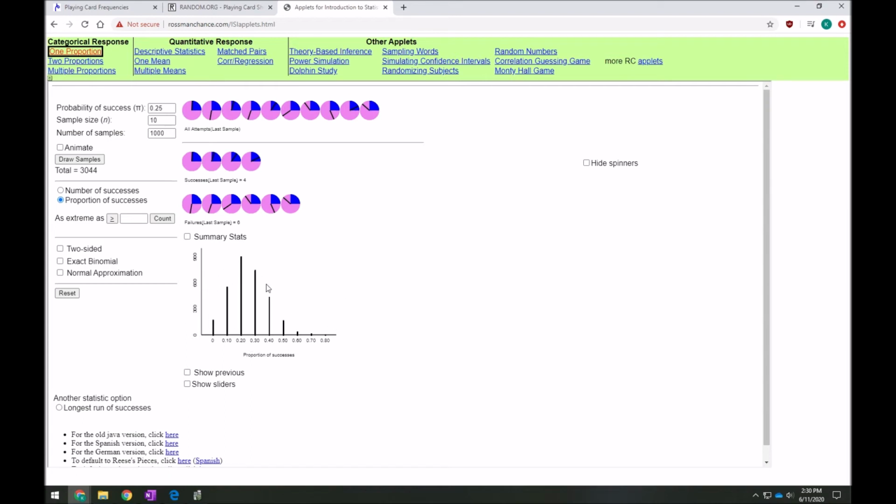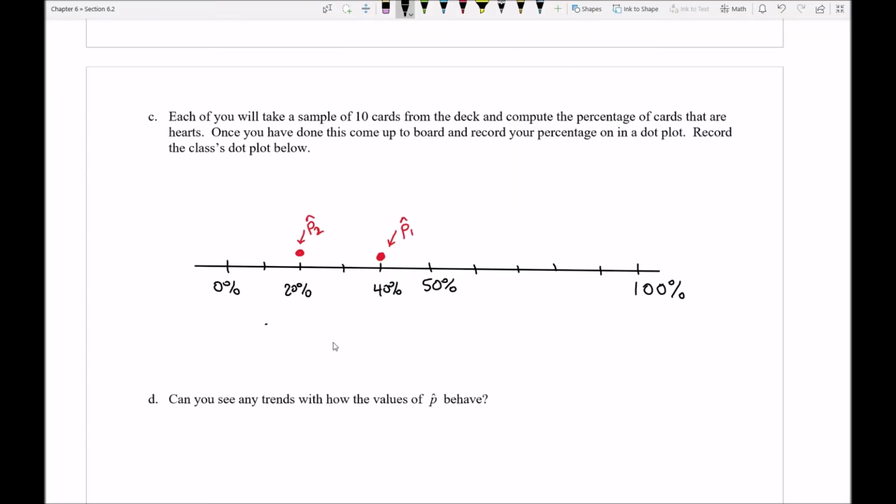You could say it looks pretty bell-shaped or symmetrical, but it might also be slightly skewed off to the right. So down here, I'm going to say the shape of the distribution is roughly symmetrical / bell-shaped.